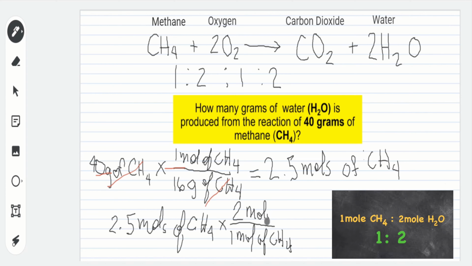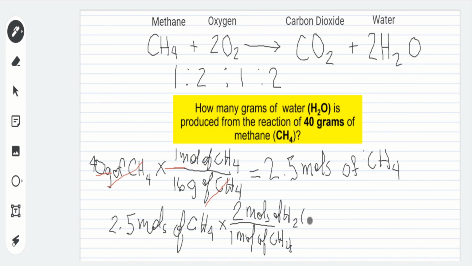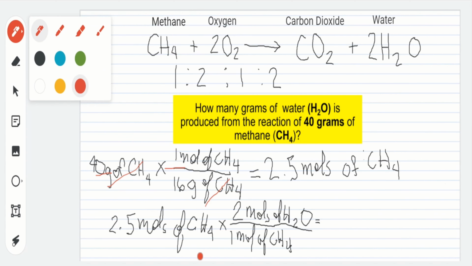Okay, 2 moles of water. Yan. So, definitely, makakancel yung unit natin dito. Okay, yung moles of methane.